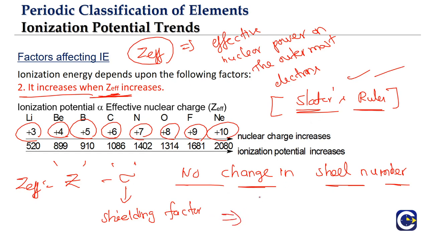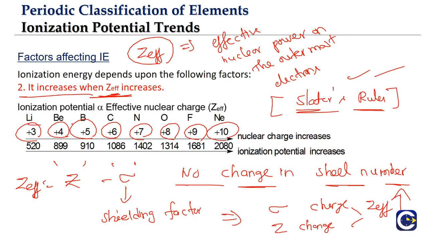But in the Slater's rule application, as we have seen in that particular video, just recalling what we observed there: if you move across a period, the value of sigma will change, of course, and Z also will change. But the outcome we observed is that Z effective will be increasing as we move from left to right.